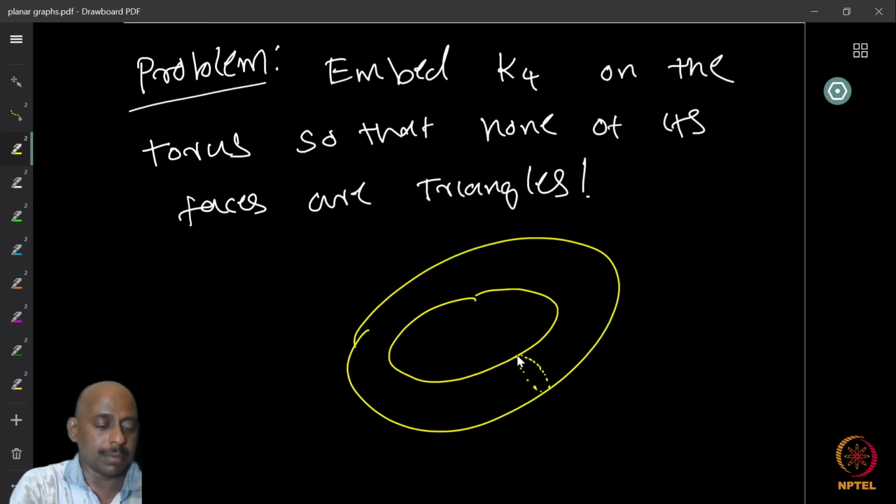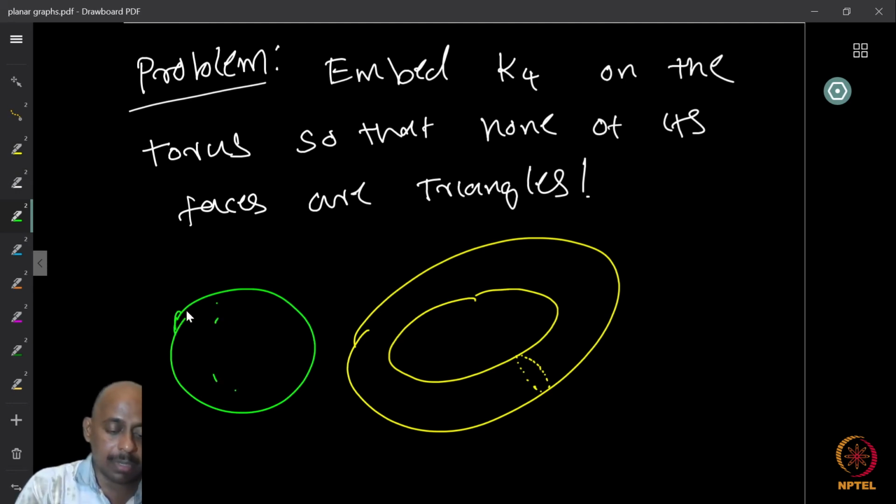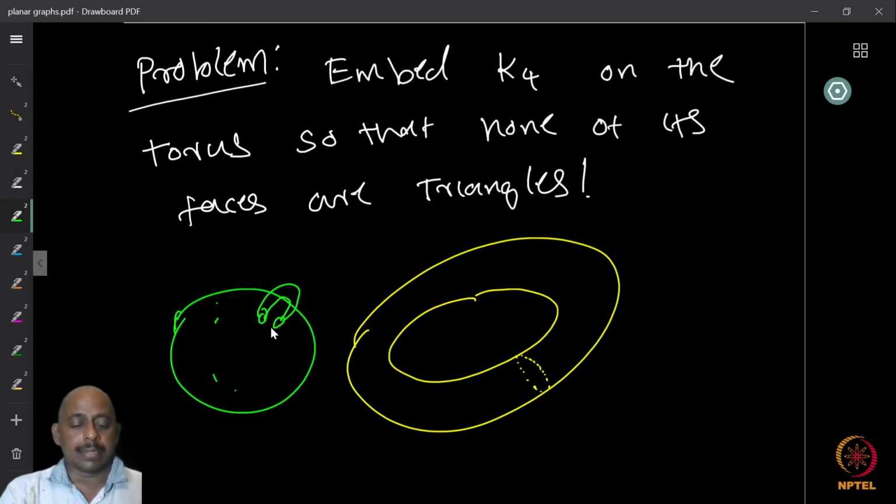Okay. So, like if you take a sphere, and then you attach a handle, okay, like this, then this topologically is equivalent to the torus.